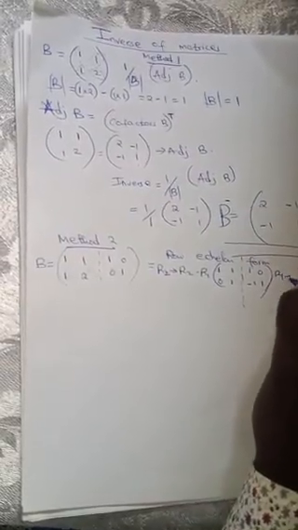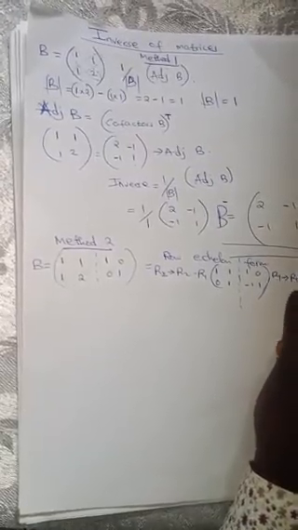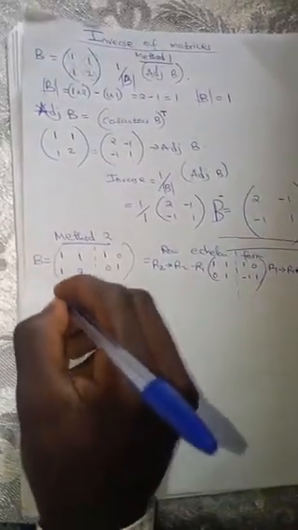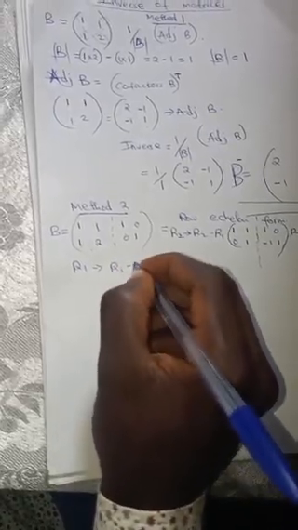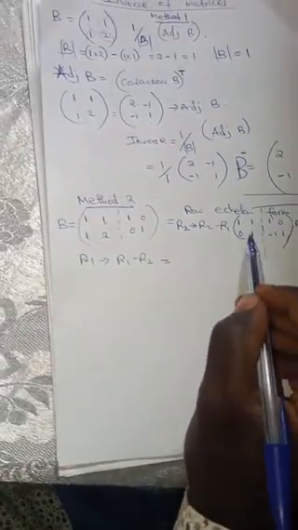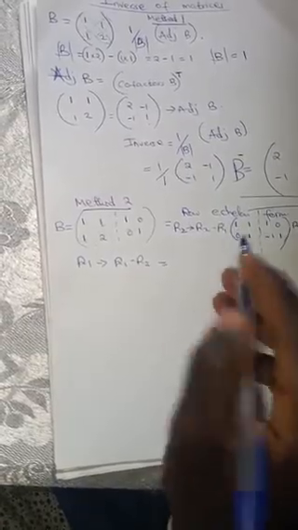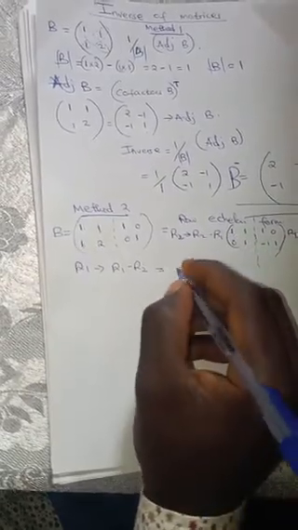We take an operation on row 1, which will be row 1 minus row 2. This minus this will be negative 1. This minus this will be 1.